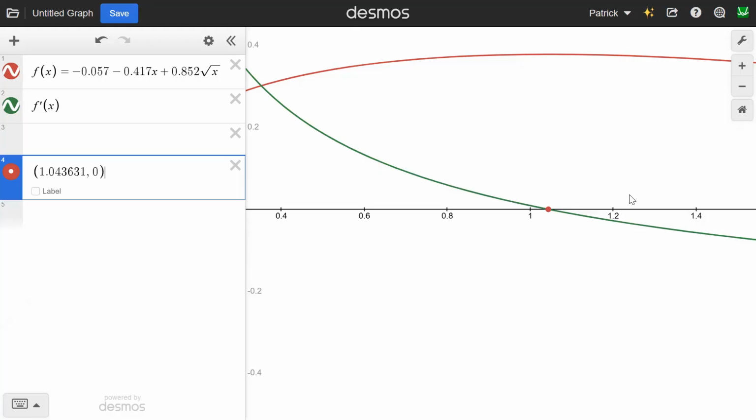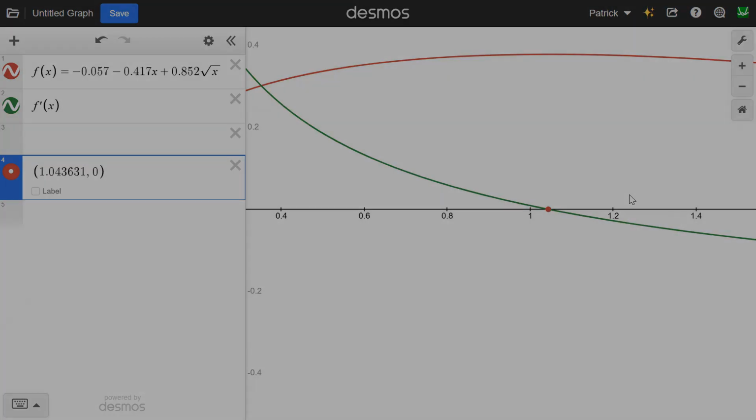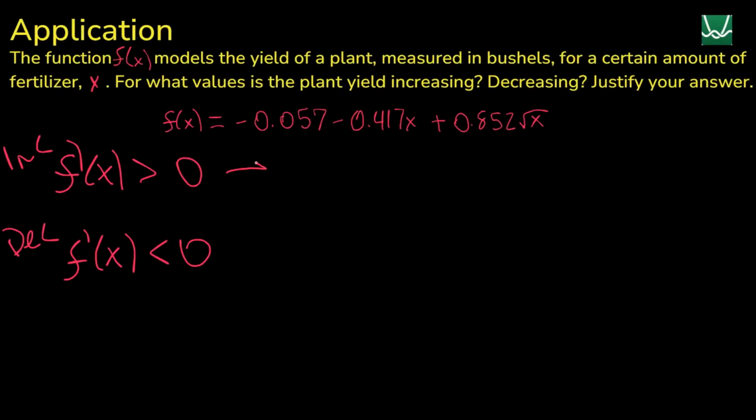So the plant yield is going to be increasing before this time because the derivative is positive and decreasing after because the derivative is negative. So the derivative is positive for x less than 1.044 and is negative for values greater than 1.044.